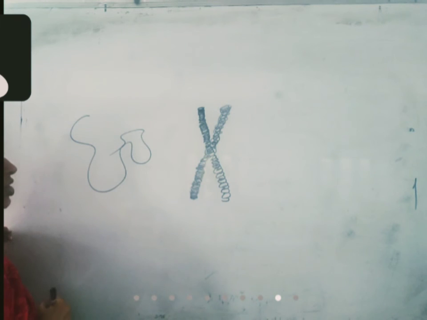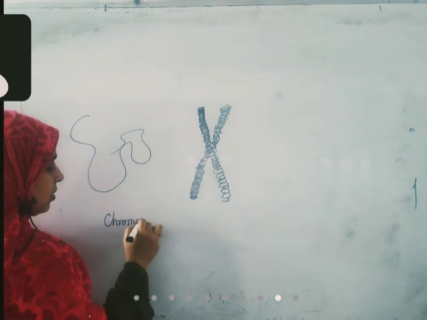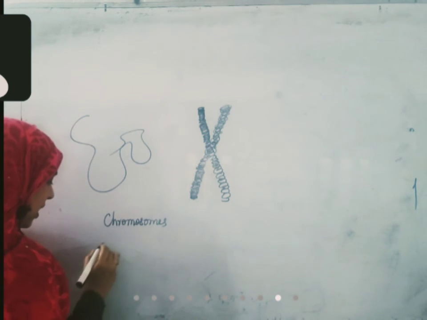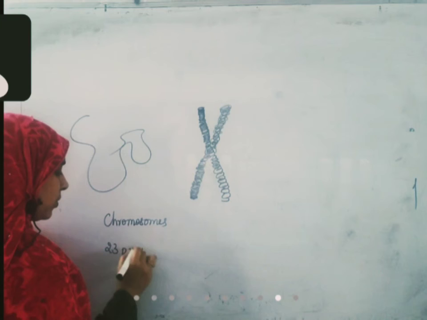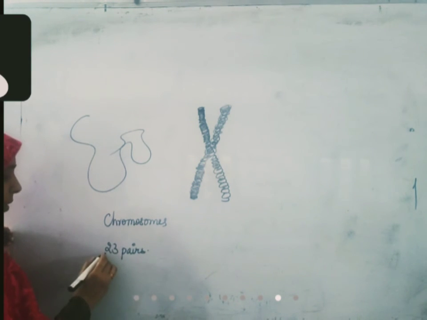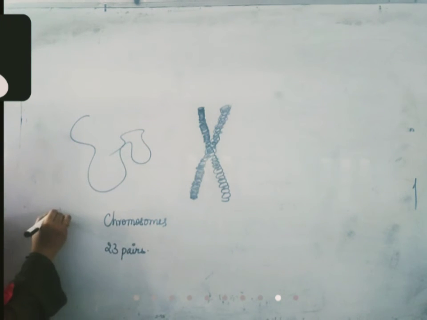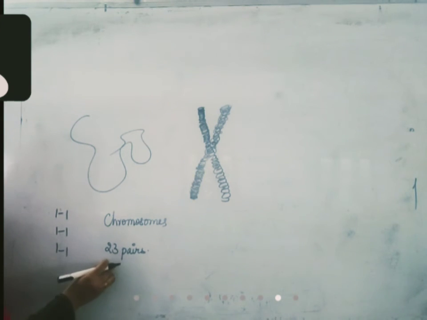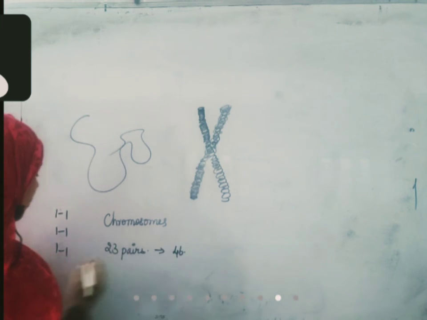In human beings, there are 23 pairs of chromosomes. That means totally 46 chromosomes.